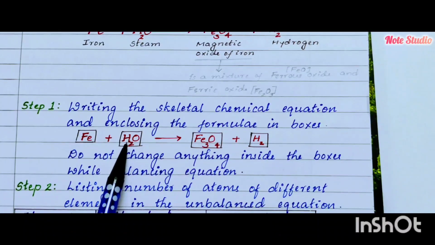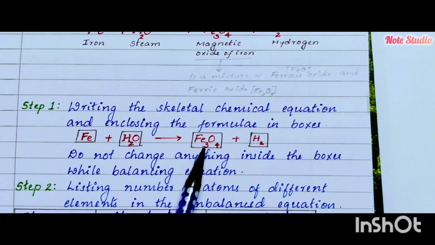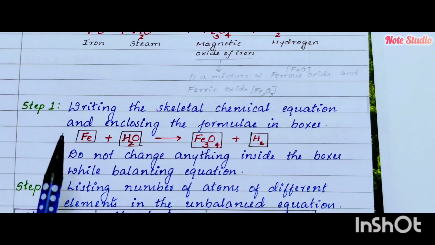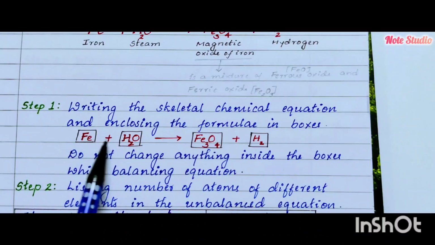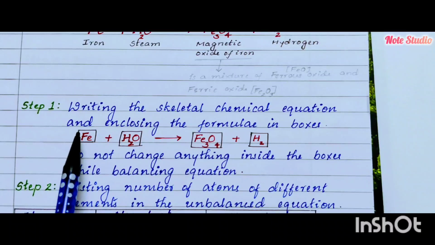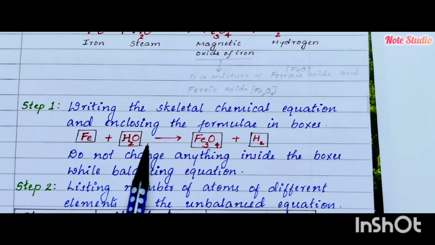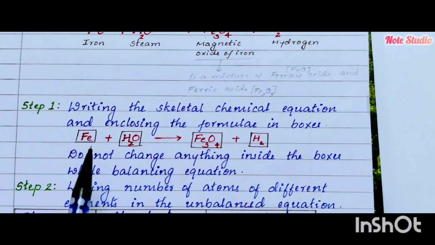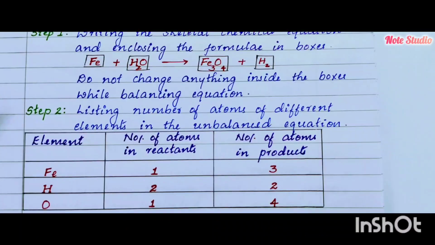We cannot write here, okay, let me balance this, here three iron atoms are there, so let me write 3 here. No, it is not possible. We should not change anything inside the boxes. We should not touch. So we are just enclosing these formulas and symbols using the box. Is it clear? This is the first step.